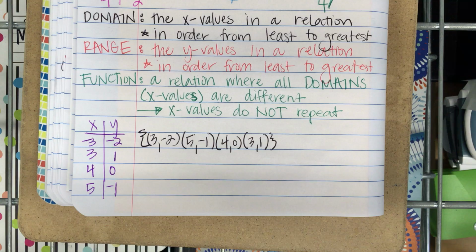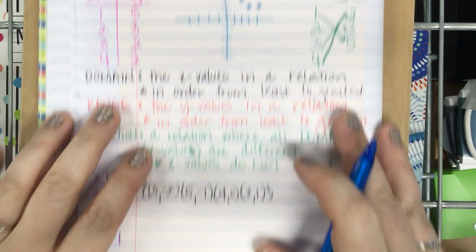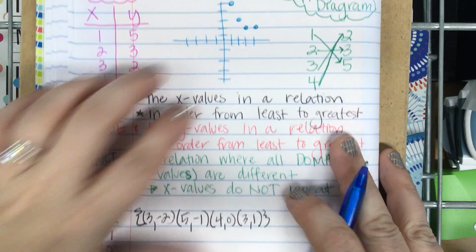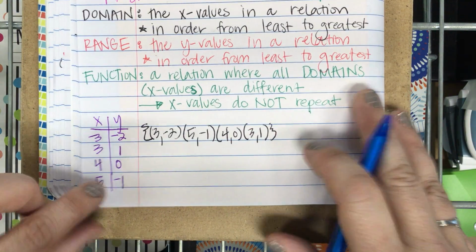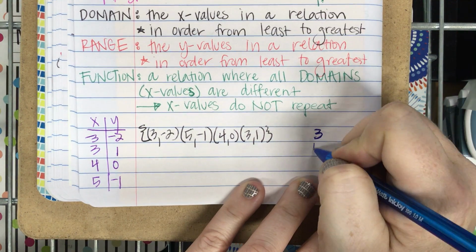Then let's talk. I'm going to go over here to this next space. Let's not do a graph. Hopefully graphing is not something that we need to practice. Right? Let's make a mapping diagram. So to make a mapping diagram, my X values go in order. And I don't write any repeaters down.